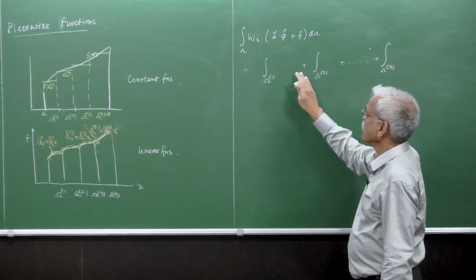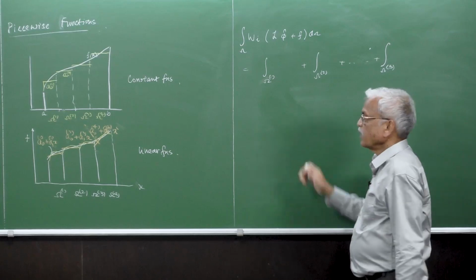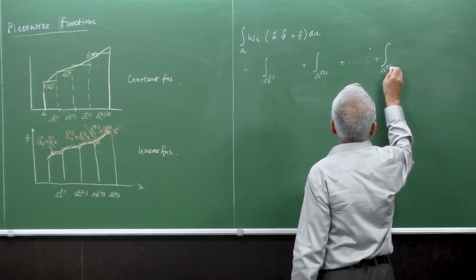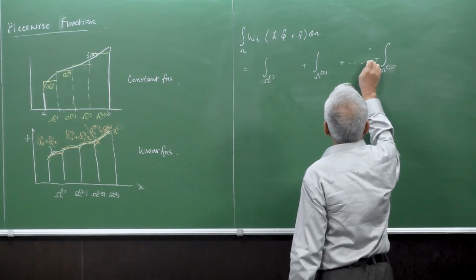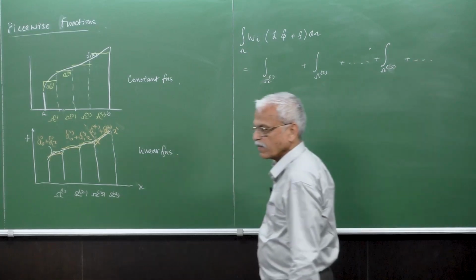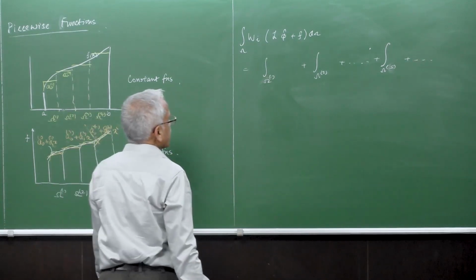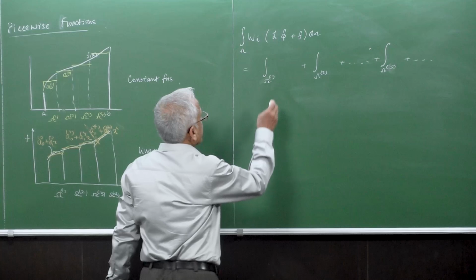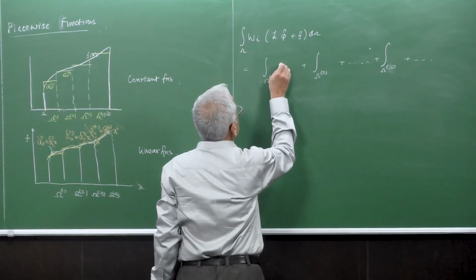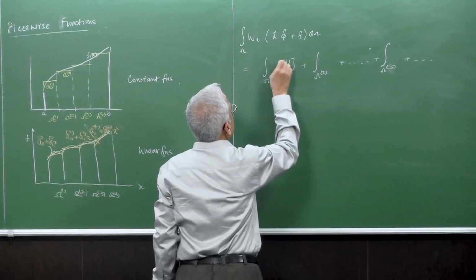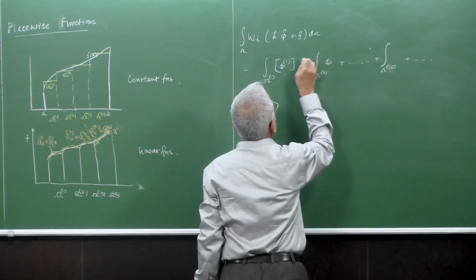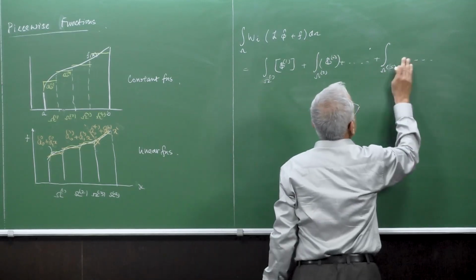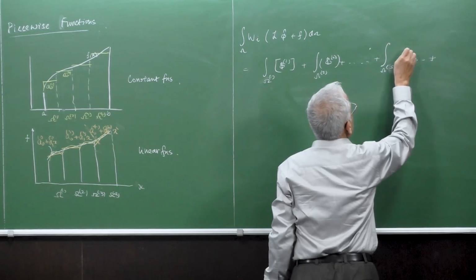It has to be subdivided into a number of integrals over domain 1, 2 and 3, and here anything like 5 and so on, as you go on increasing the number of subdomains. So when you evaluate phi hat, here it belongs to domain 1, here this phi hat belongs to domain 2, and here this one belongs to 5.